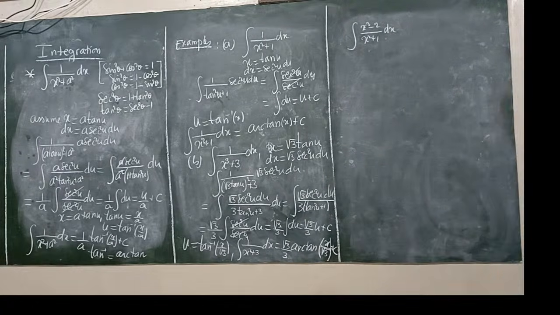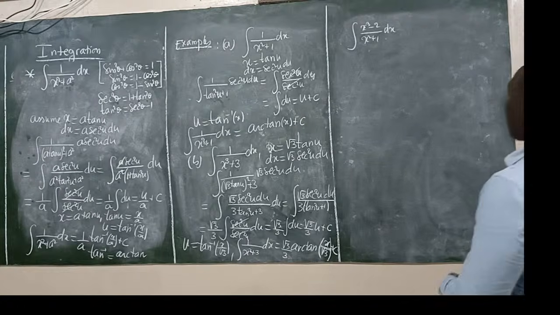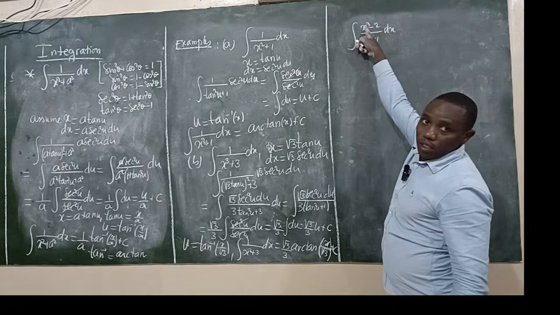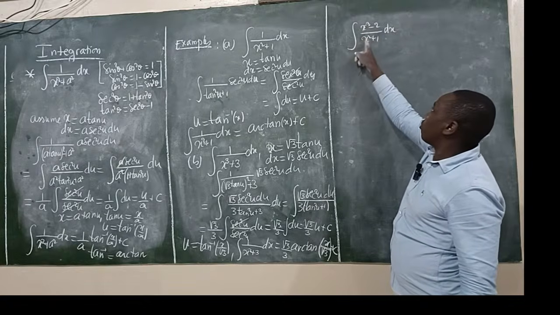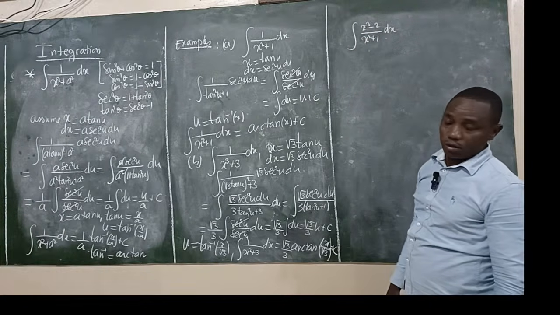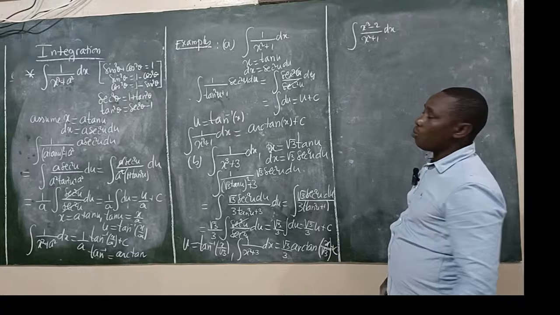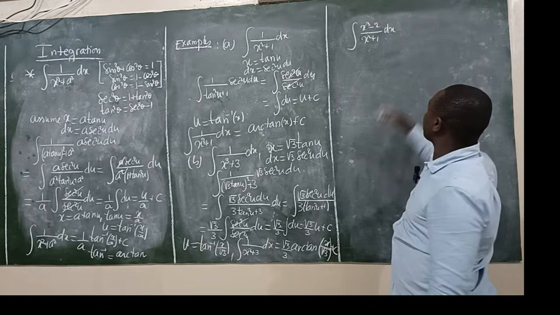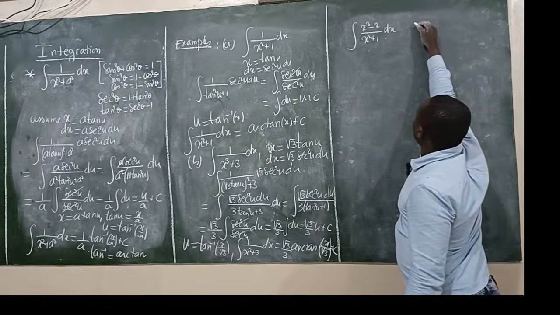Okay. Now, as you see, the power of the numerator is 3 while that of the denominator is 2. Here we need to do long division. Okay. Let's now go.